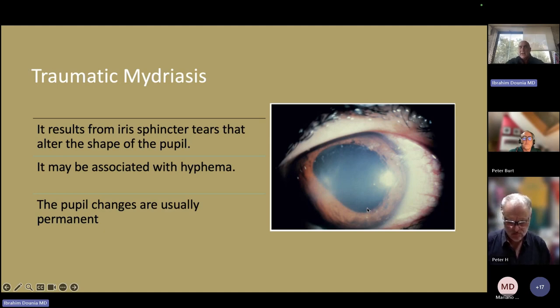It results from the iris sphincter tears that alter the shape of the pupil. It may be associated with blood in the anterior chamber, and important that the pupil changes are usually permanent. And having a pupil which is dilated all the time may cause the patient to have severe photosensitivity.